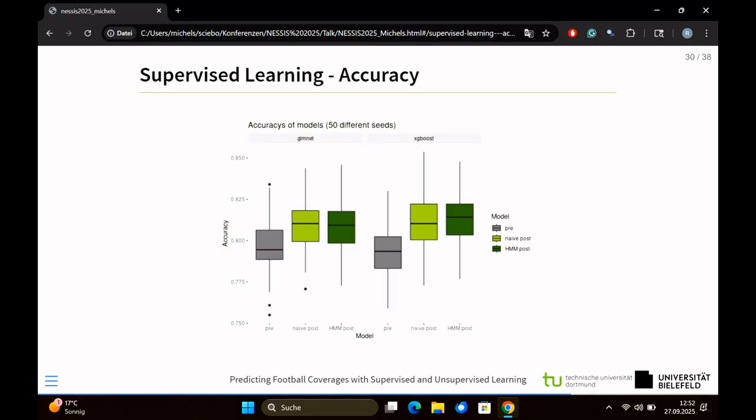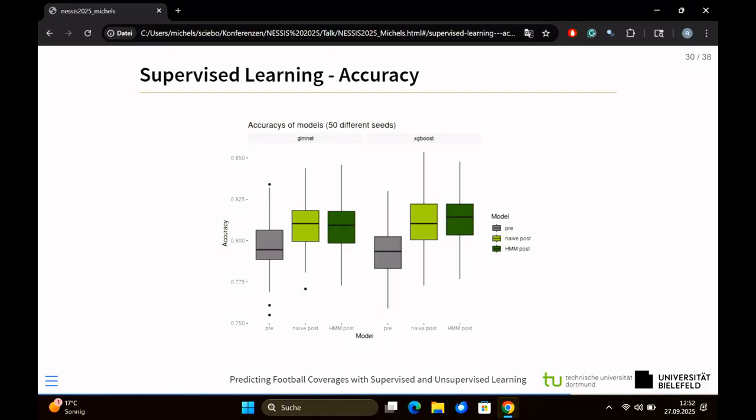Okay, so let's put them into our model. Again, we fitted a GLMNet and an XGBoost, but they're exchangeable. So the focus is on what we get from the motion. If we look at accuracy, we can see that the XGBoost model is massively improved even by naive post-motion features.